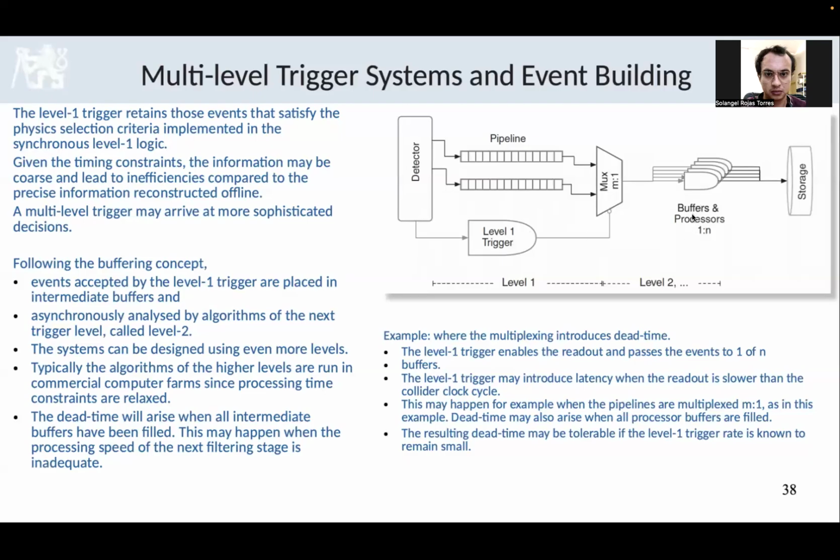Further algorithms can be added in this second level to clean up better. Here it is normally custom electronics, and here it's more common to use conventional electronics because you don't need that specific speed, that fast a system.